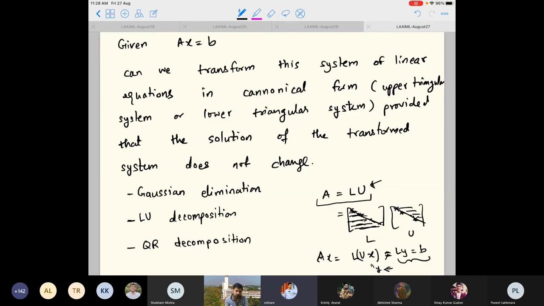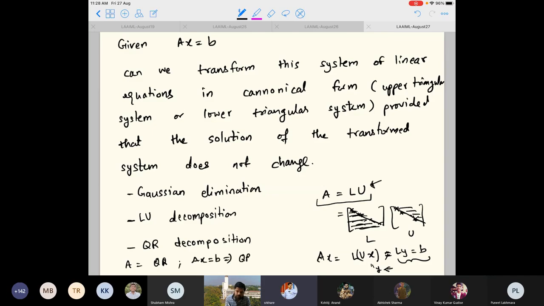So in QR decomposition, what are you proposing? You are proposing you write down matrix A as a product of two matrices, Q into R, where Q is an orthogonal matrix and R is an upper triangular matrix. Is that what you are saying, Abhishek? Yes, sir. Okay, so if you do this, then AX is equal to B. What does this really mean?